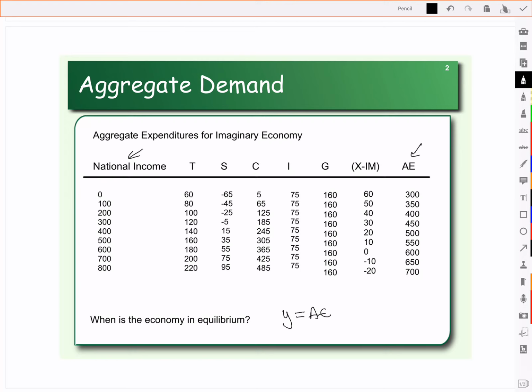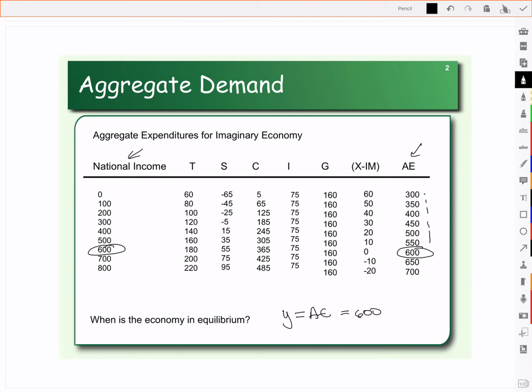So if we look at this scenario here, when is this economy in equilibrium? Okay, so let's find where income is equal to aggregate expenditures. So notice as you go down the list here, we'll notice that when income is 600, aggregate expenditures are 600. So this economy is in equilibrium when income and aggregate expenditures are 600.